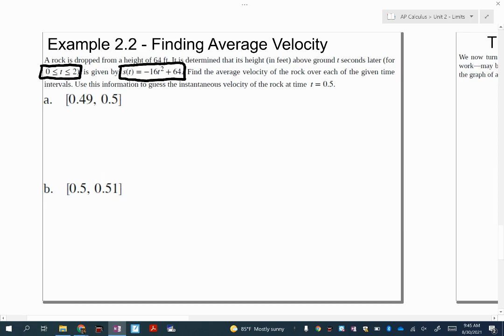We're going to find the average velocity of this rock over the given intervals. This gives us information to guess, right now we're just guessing, later on we'll find the exact answer, the instantaneous velocity of the rock when it's been half a second since it was dropped. So we'll start with the first one.